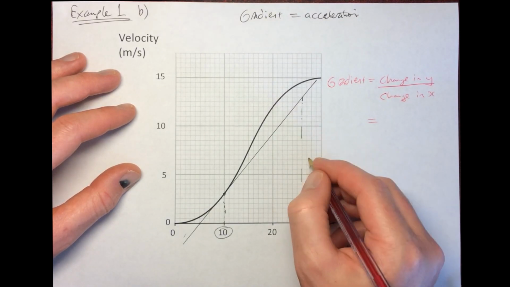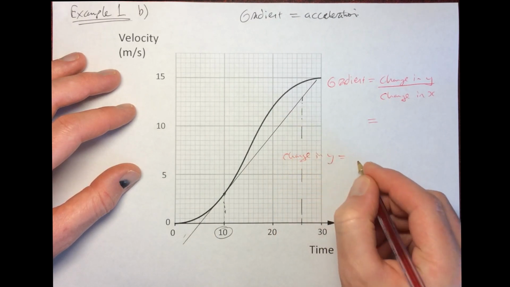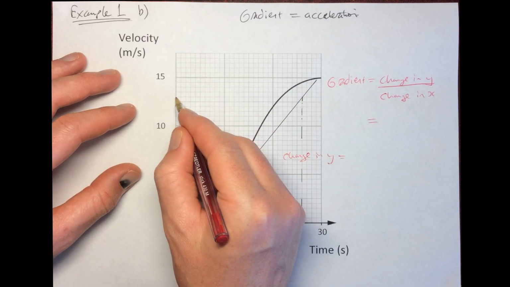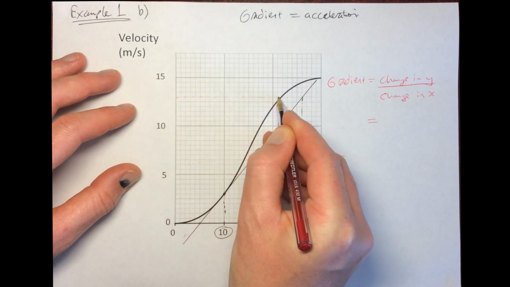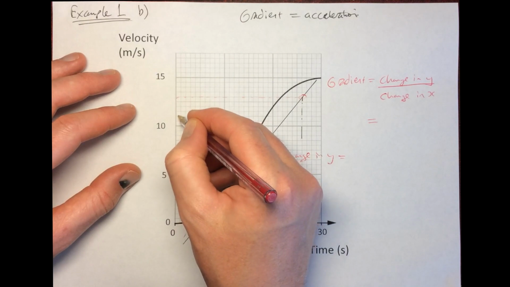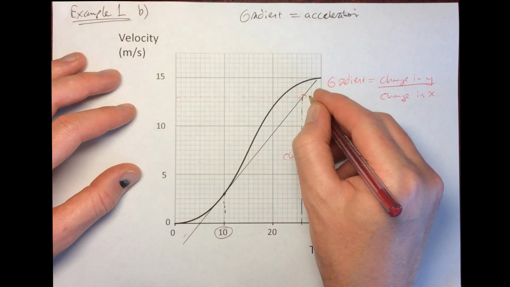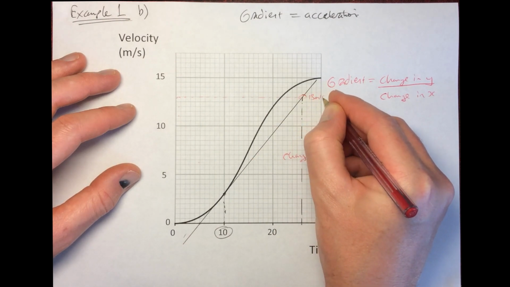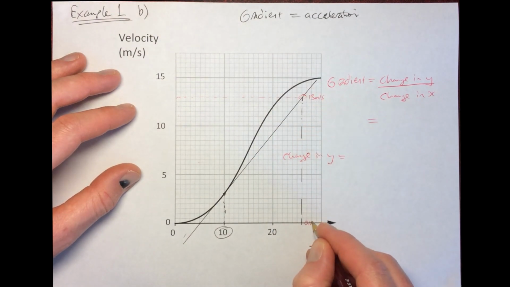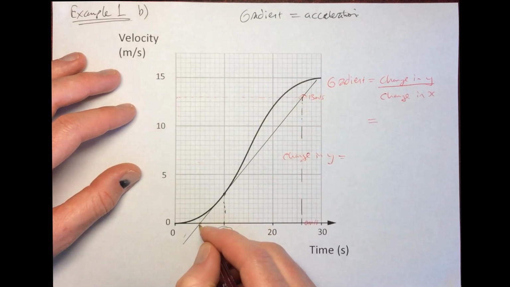So my change in y here is equal to, well, my final value of y is here. That's my final value of y at this point here, and that is equal to 11, 12, 13. So it's 13 meters per second, and down here I've obviously got 0 meters per second at my initial point, because these are the 2 points that we're using to measure our gradient.